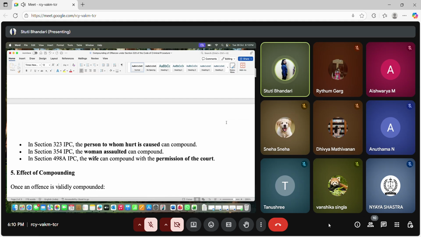No one else can compound it on their behalf. The person who has been subject to hurt, assault, or violence can compound the offence, and depending on whether it is a minor offence, it is without the permission of the court, and if it is a bit more serious offence, then with the permission of the court.